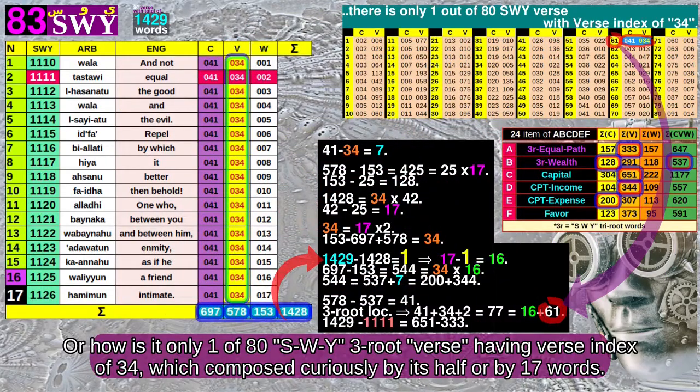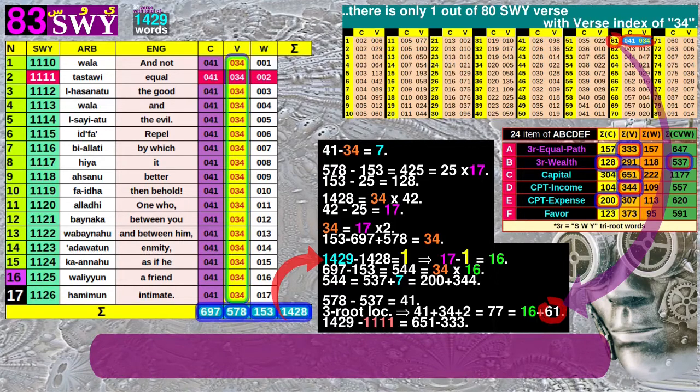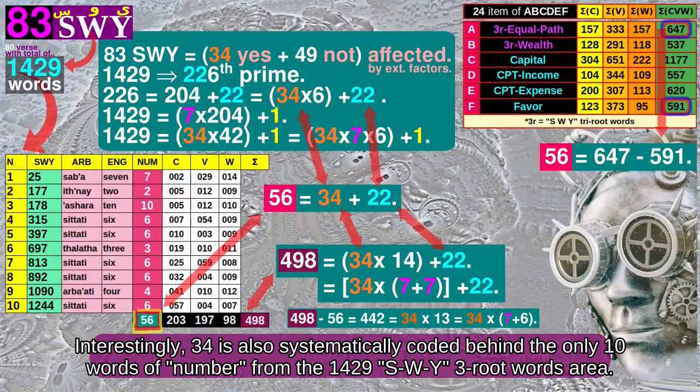Or how is it only 1 of 80 SWY3 root verses having verse index of 34, which is composed curiously by its half, or by 17 words? Interestingly, 34 is also systematically coded behind the only 10 words of number from the 1429 SWY3 root words area.